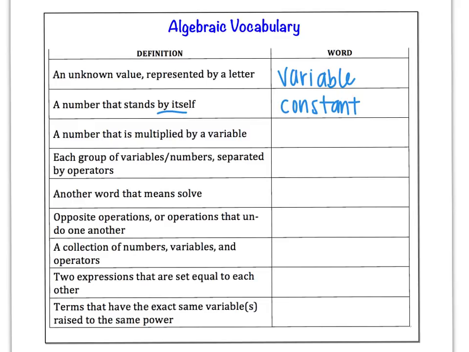The opposite of that, a number that is being multiplied by a variable, is what we call a coefficient. Each group of variables or numbers that are separated by operators, operators meaning like plus, minus, are what we call terms.